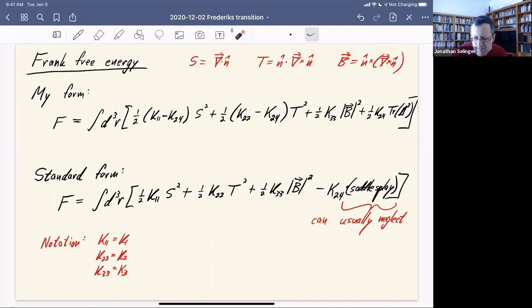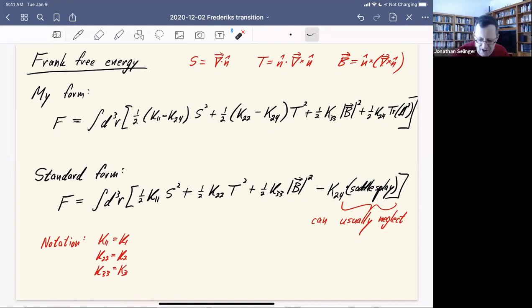Each of them has some coefficient, right? So there's a coefficient of splay squared or twist squared or bend squared or delta squared. And these coefficients have conventional names, which have come down for many years.